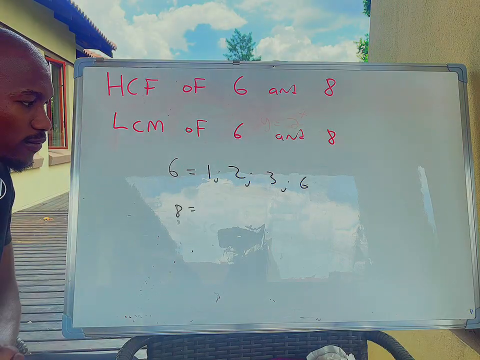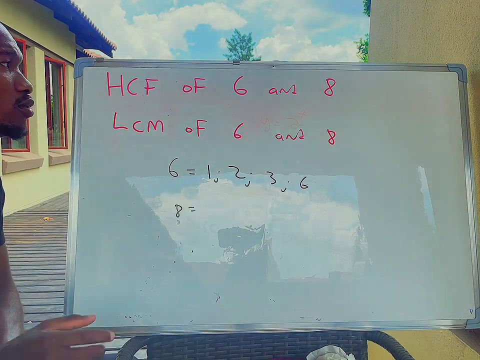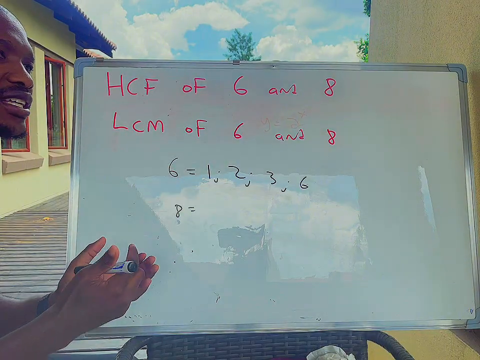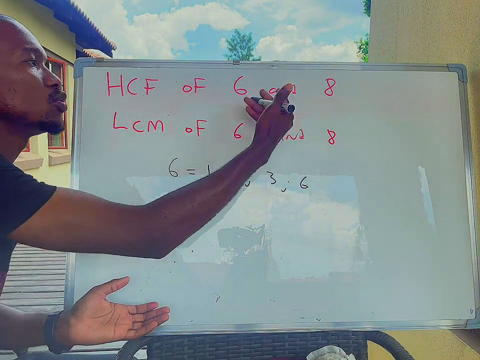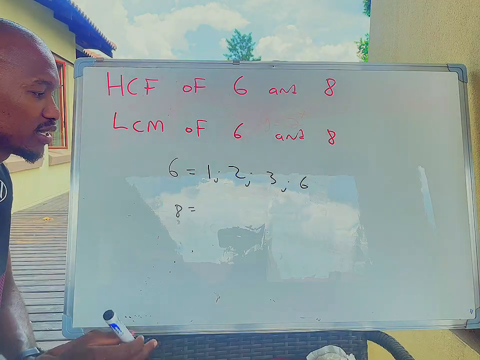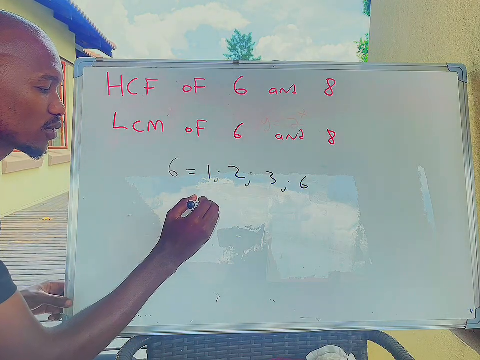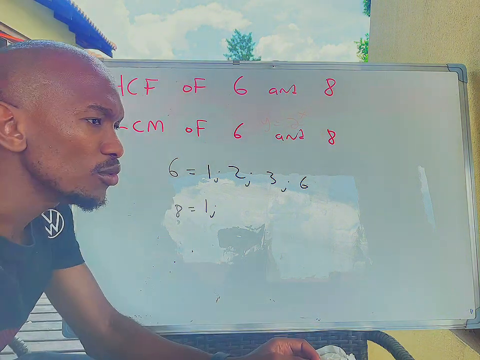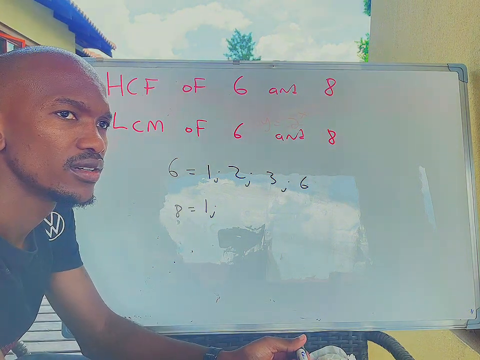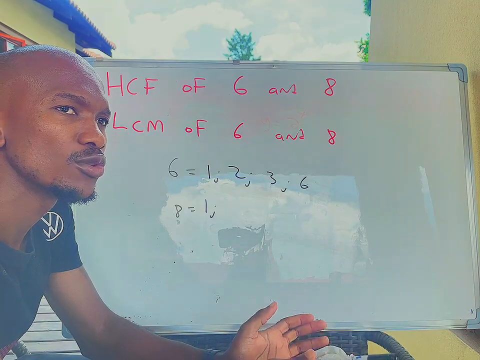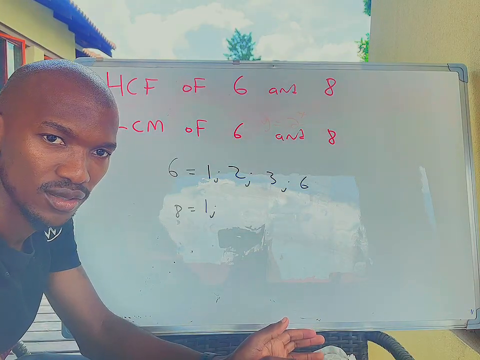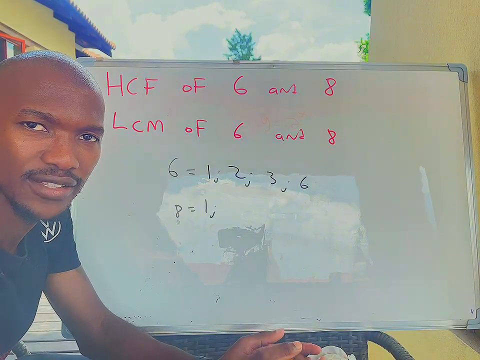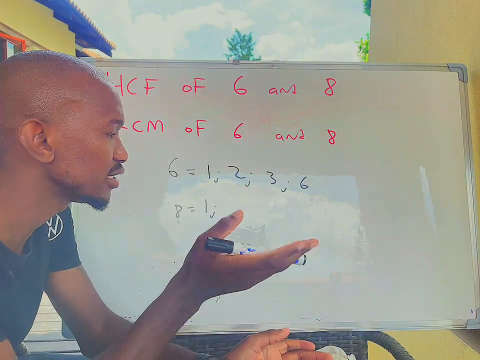Then you also have to find the factors of 8, because the goal is to find the highest common factor. When they say something is common, it must be found in both of the values that you are given. Now check this one out. I'm also going to have 1, because there is no way any number wouldn't have 1 as a factor. 1 will always be there, because that number times 1 will give you that number.